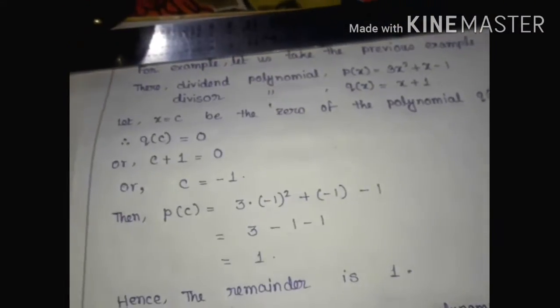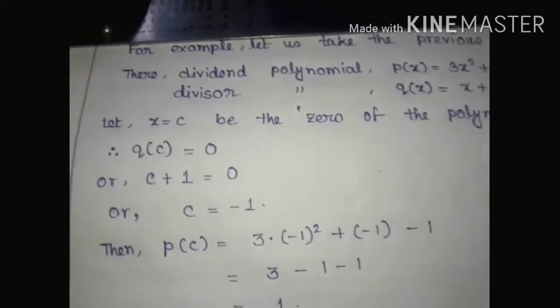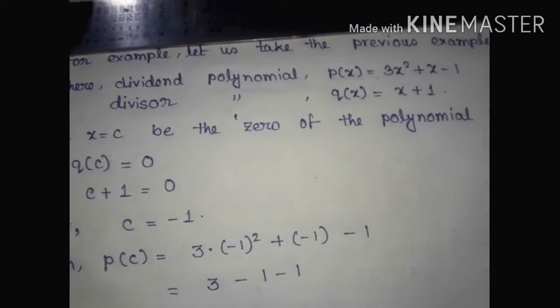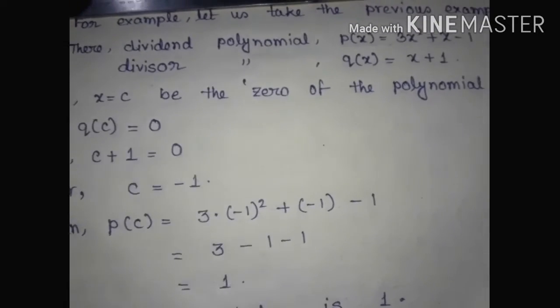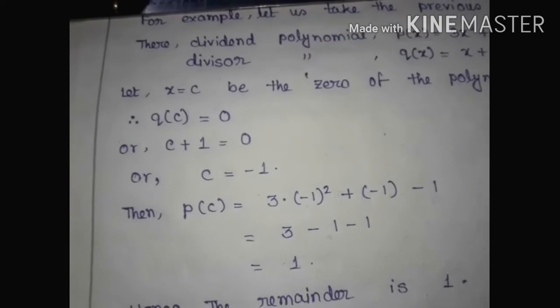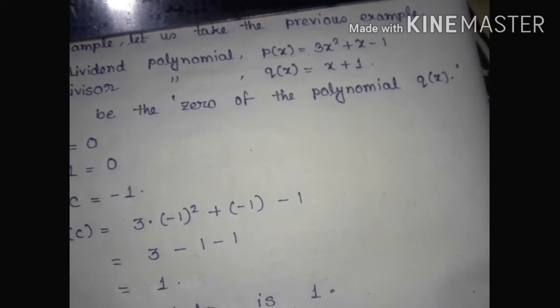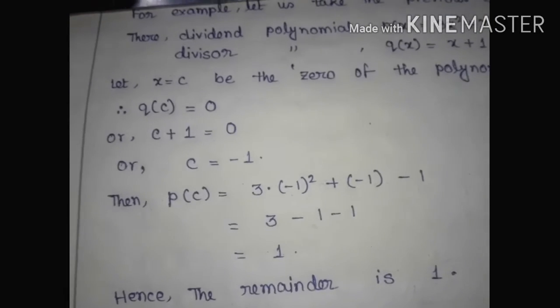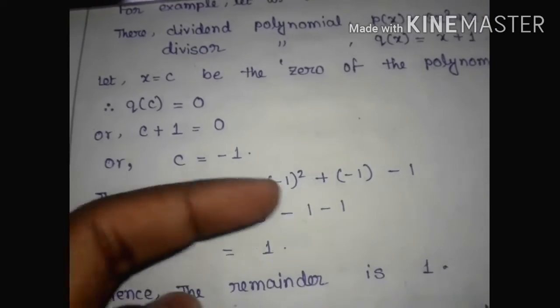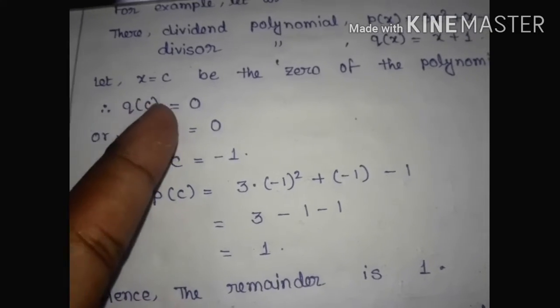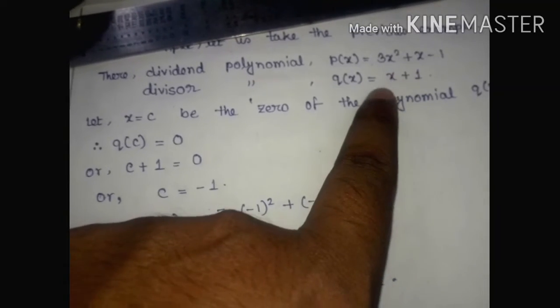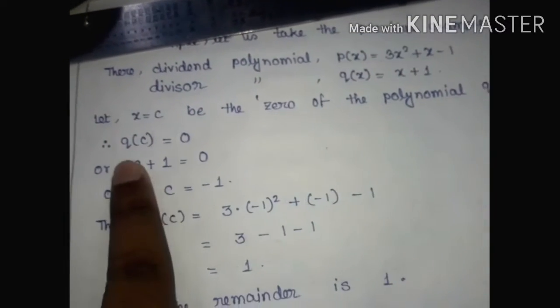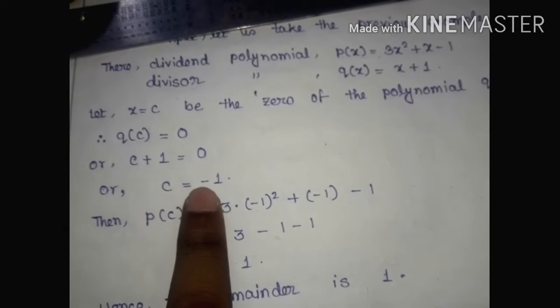For verification, let us take the previous example where the dividend polynomial px equals 3x square plus x minus 1, and the divisor polynomial is qx equals x plus 1. Let x equal to c be the 0 of the divisor polynomial qx. Then qc equals 0, so c plus 1 equals 0, that means c equals minus 1.